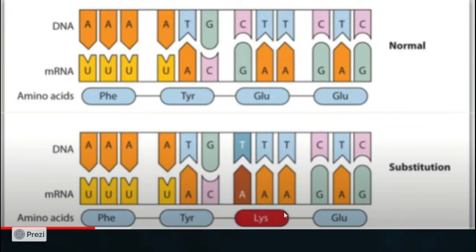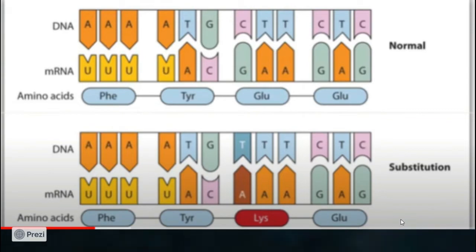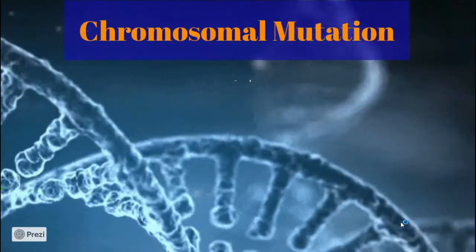For example, one of the diseases caused by substitution mutation is sickle cell anemia. So that is point mutation.